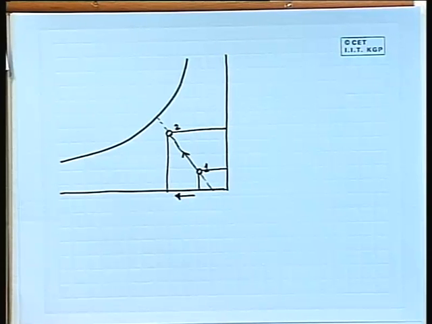Dry bulb temperature has reduced. What does it mean? When can the dry bulb temperature reduce? If it is cooled, if a certain amount of energy is extracted from it.